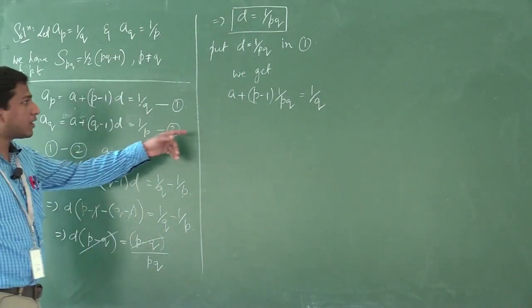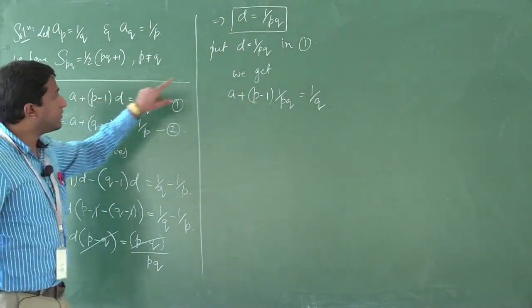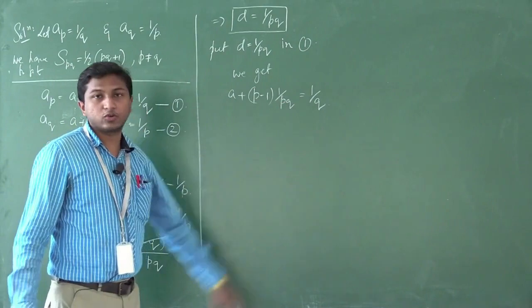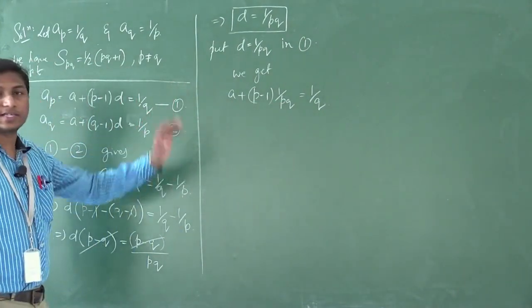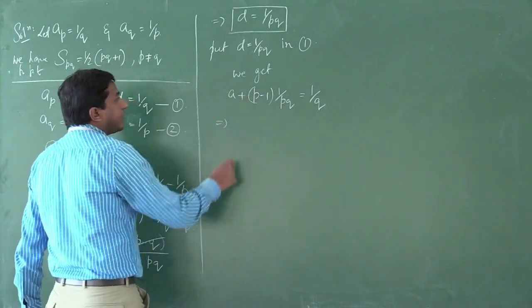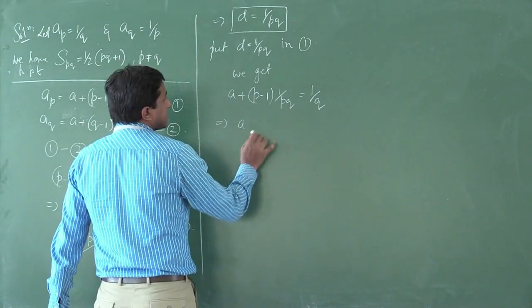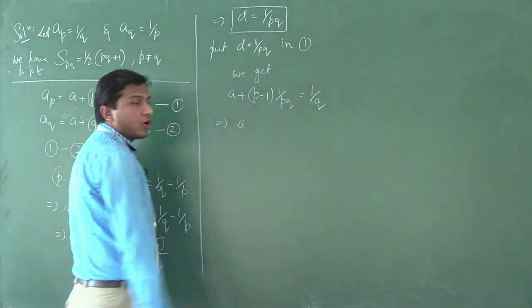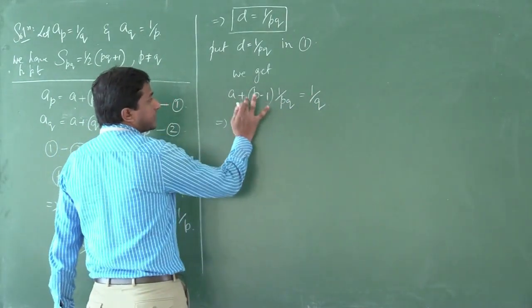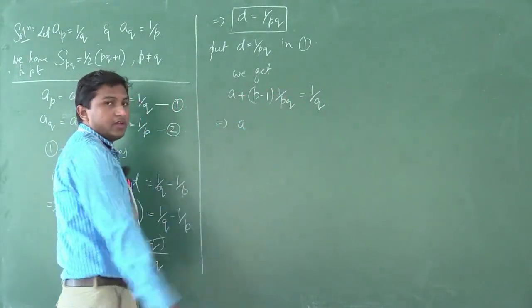So equation number 1 becomes a plus p minus 1, d value is 1 by pq, equals 1 by q as it is on the RHS. Okay, on simplifying this, I will take p minus 1 into 1 by pq on the RHS.